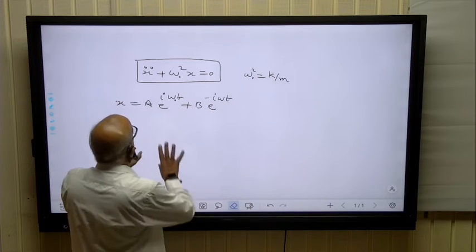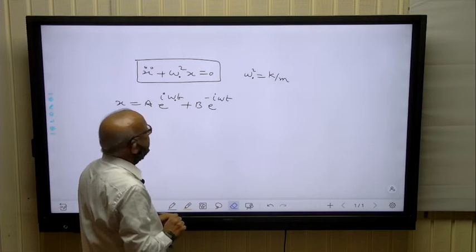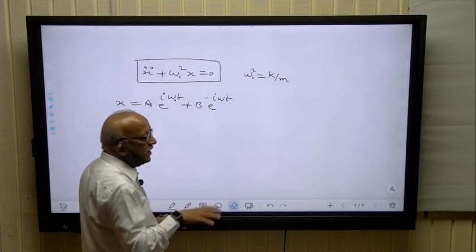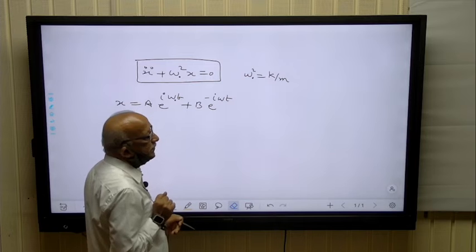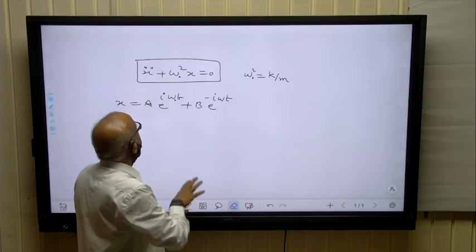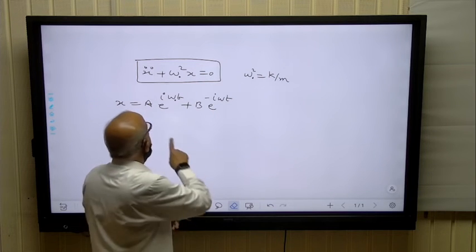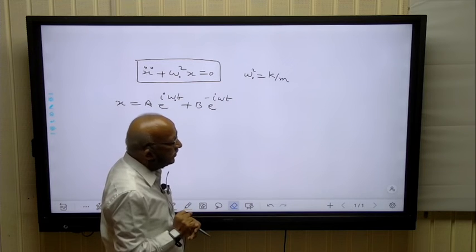Now the constants a and b can be real, complex, or imaginary. If we say that a and b are real, then this solution will not be the general solution.